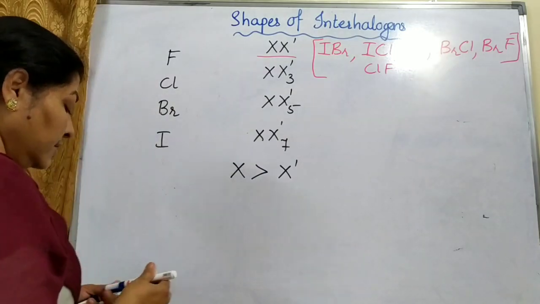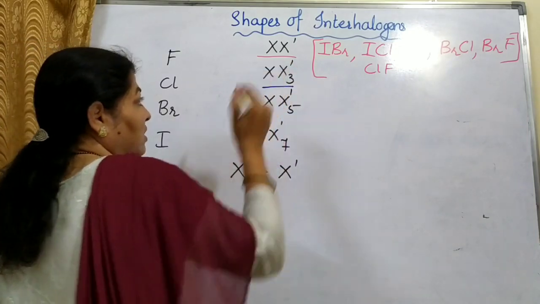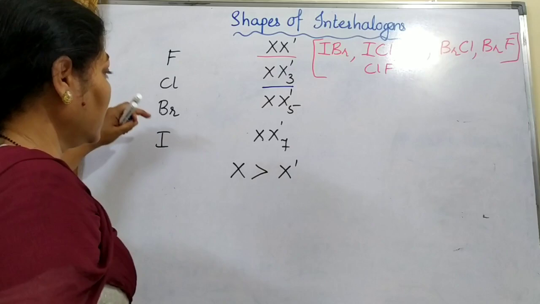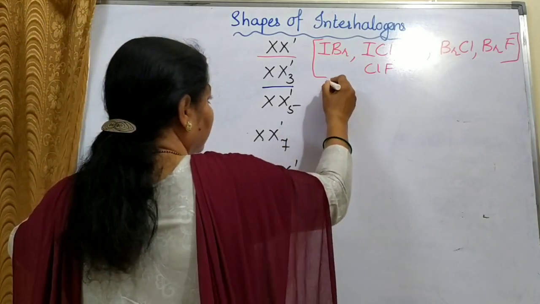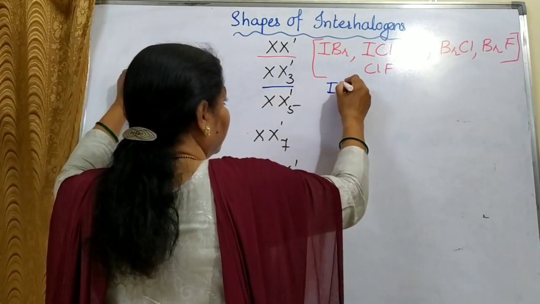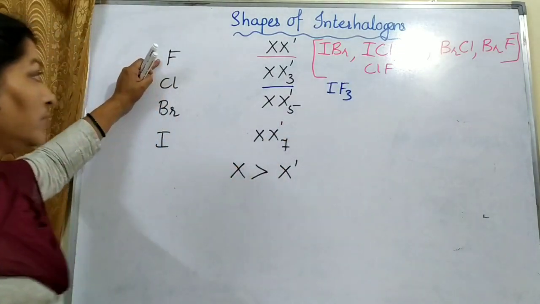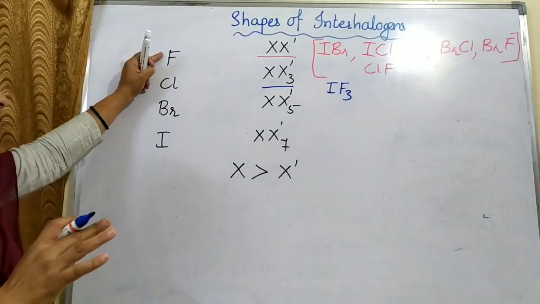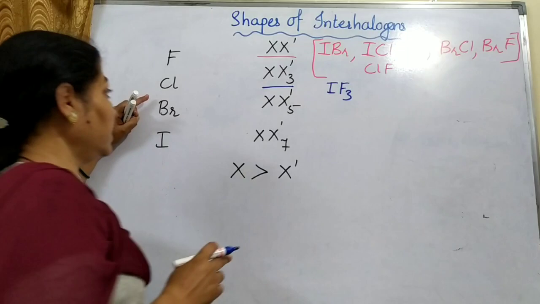Now let us see the next case, XX'3. In this, let us take I. So I can combine with F; it will be IF3. Fluorine, as it is very small in size, will combine with every other halogen.